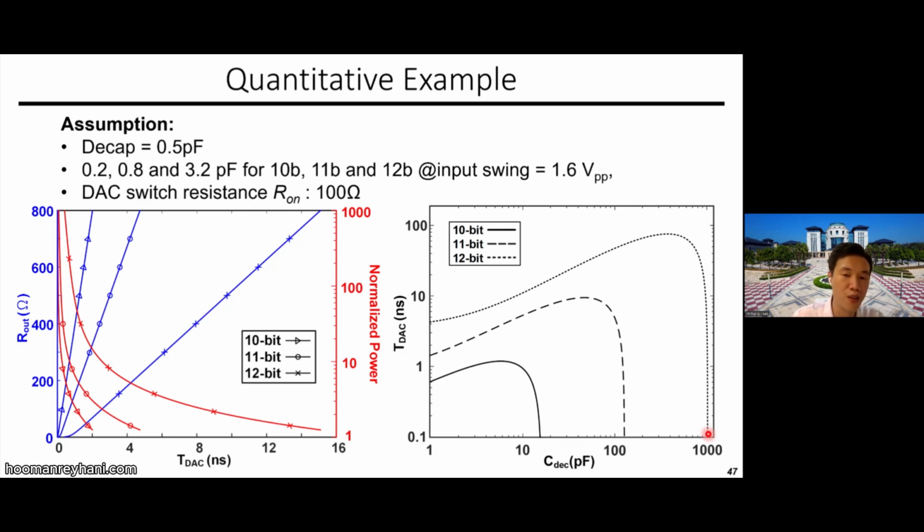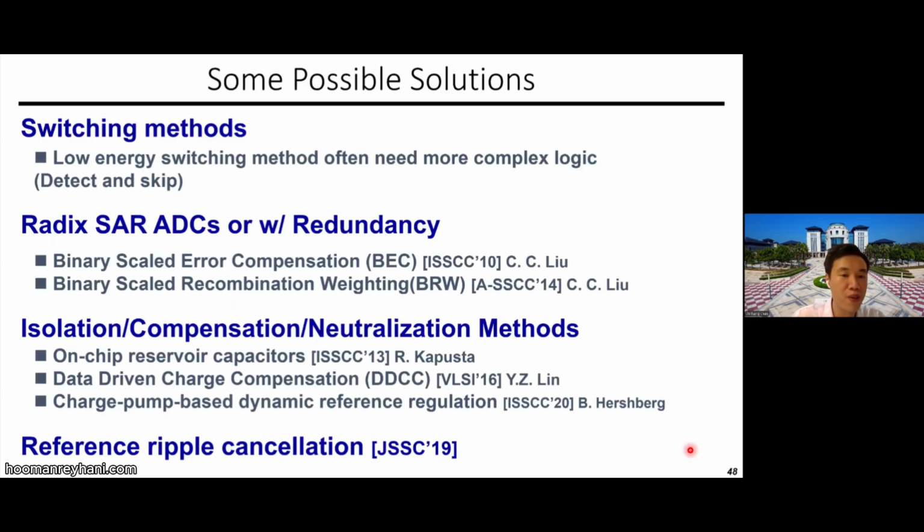So this routing causes resistance. This parasitic resistance will reduce the effective decoupling ability, so that your decoupling cap eventually could be even larger than this value.